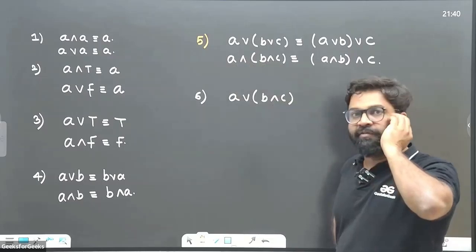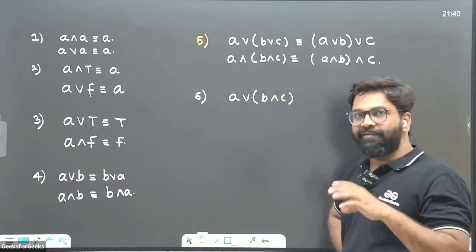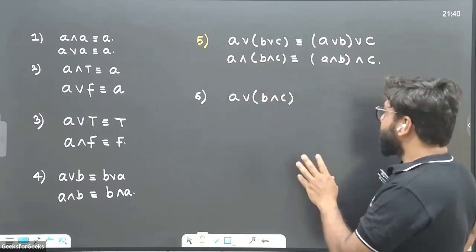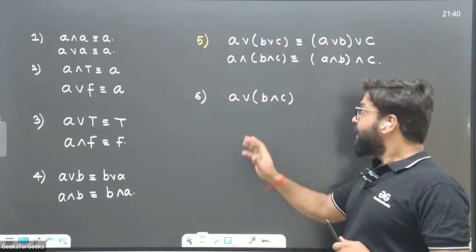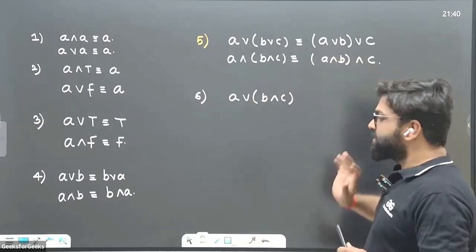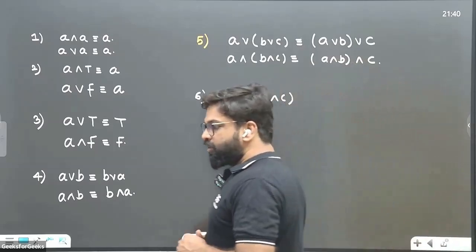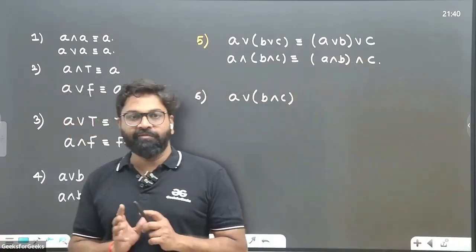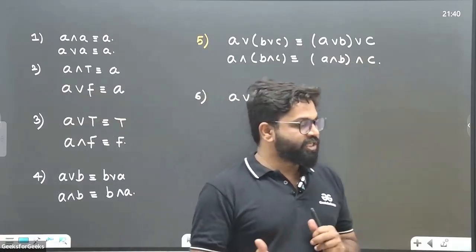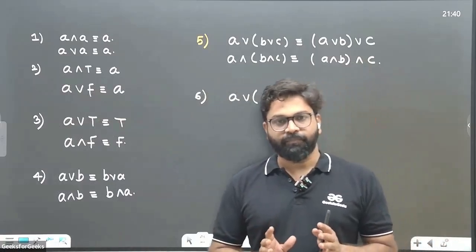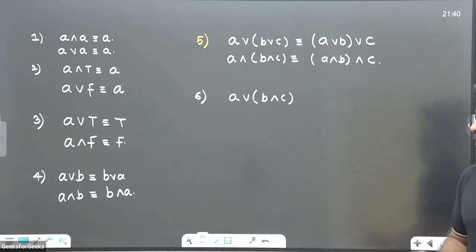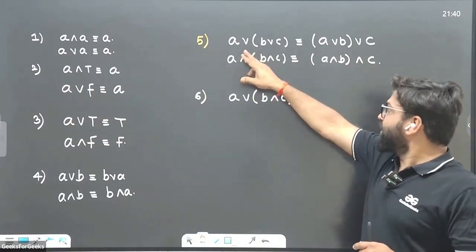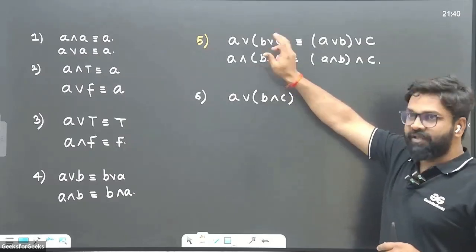So how can you identify the fifth one? Your operators are basically the same. A or B or C is the same as A or B or C. A and B and C is basically the same as A and B and C. So whenever your operators are the same, you can switch the bracket. For example, here, as you can see, A or B or C, the bracket is here.